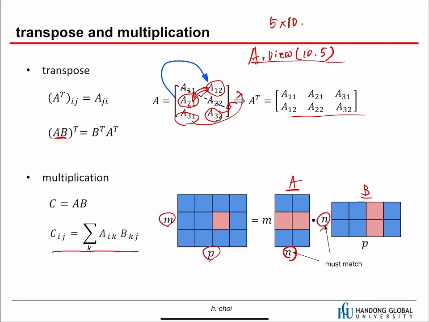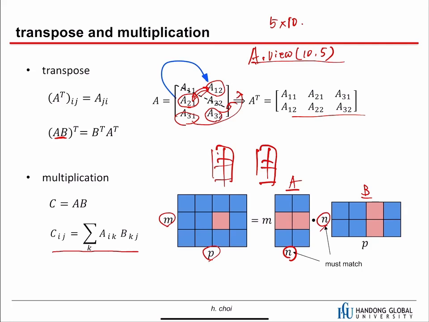This one is matrix multiplication, but sometimes we need element-wise matrix multiplication, like when A is 3 by 2 and B is also 3 by 2. When they have the same shape, we can have element-wise matrix multiplication.